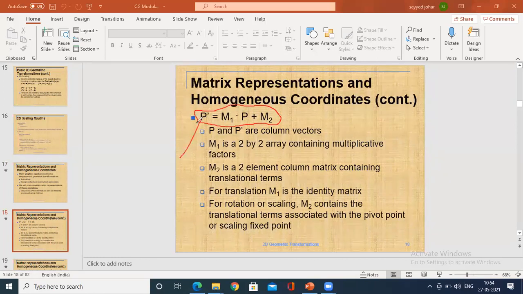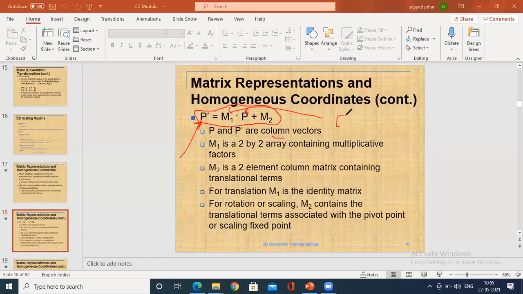What is this P dash? P dash is the new transformed coordinate. Maybe it is a rotation, maybe a translation, maybe a scaling. You have matrix M1 multiplied with the old coordinate P, plus M2, which is again a rotation, scaling, or translation term.